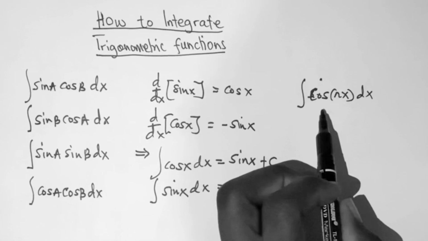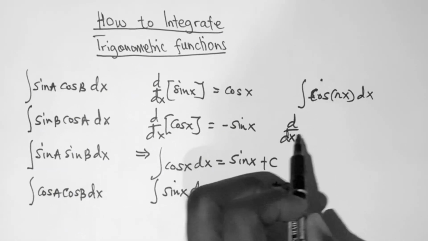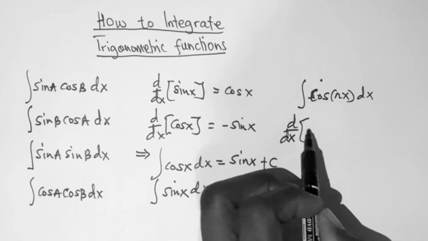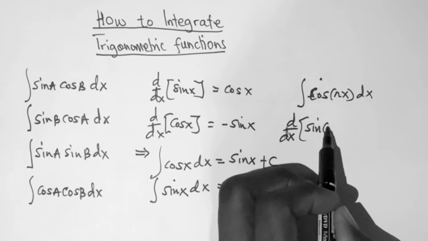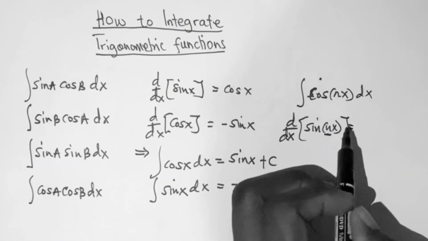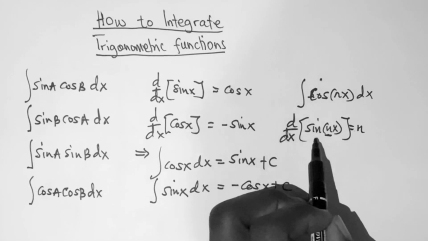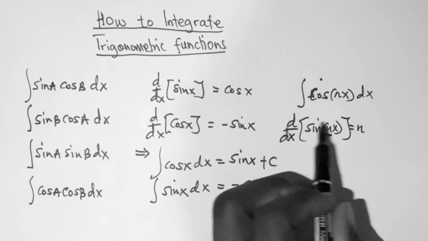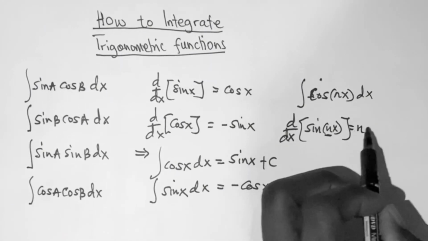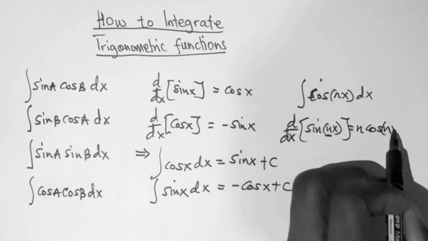So what we will do is, let's differentiate d dx of sine nx. You first differentiate what is in this bracket. If you differentiate that, you get n. And then you differentiate the whole function. If you differentiate sine, you get cos. So it becomes n cos nx.